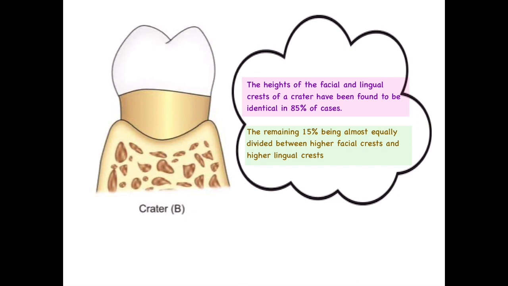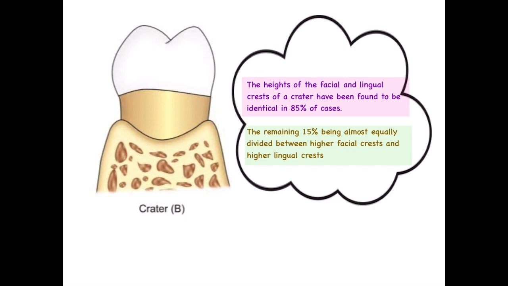So these things you need to mention in your answer. Whenever a short answer question is asked on osseous crater, you need to describe the location, and that these are found more commonly in the posterior segments. Then describe the difference between the heights. Also you can draw this diagram which I have put up for reference. Here you can see the hollowing or concavity, and the facial and lingual crests are also visible.